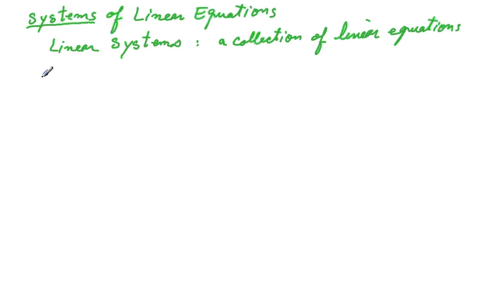Such as what? Well, this is something that you come across, I guess, in the very first algebra course you take, Algebra 1 or something. You come across this kind of equations. 2x plus y equal to 8. Say x minus y is equal to minus 2.